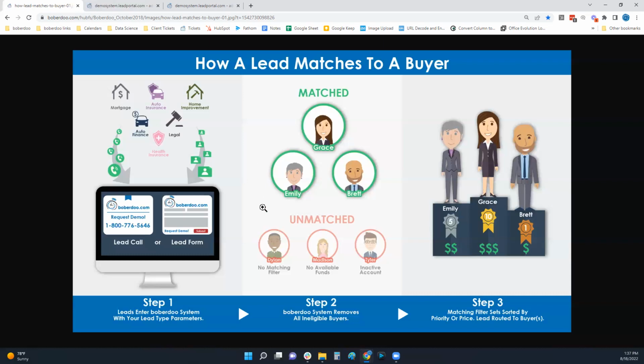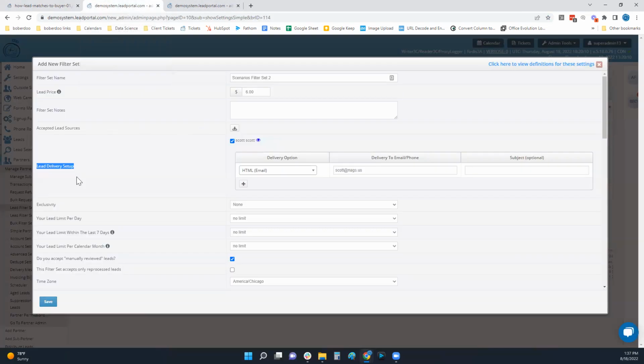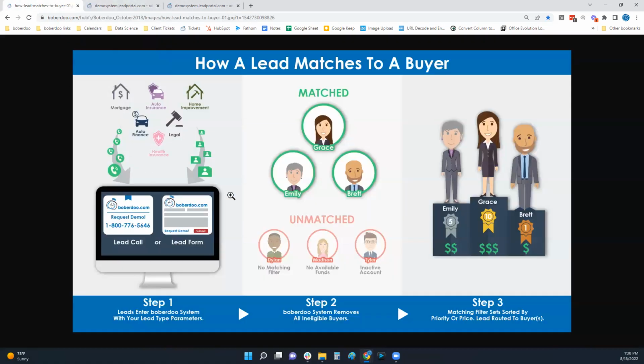So post rejects are very important when it comes to scenarios. And so if you do deal with somebody with a lot of post rejects, we do have options called fake post price priority that can be added to your filter sets, which would allow you then to say, if this partner matches, I want to make sure that this partner is attempted first because they post reject a lot of leads.